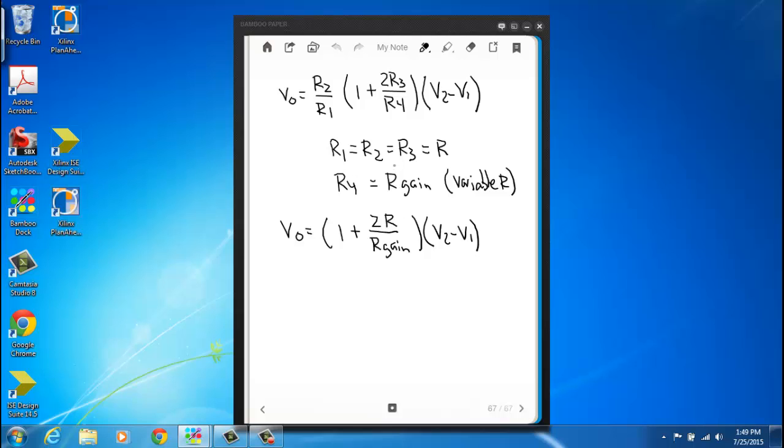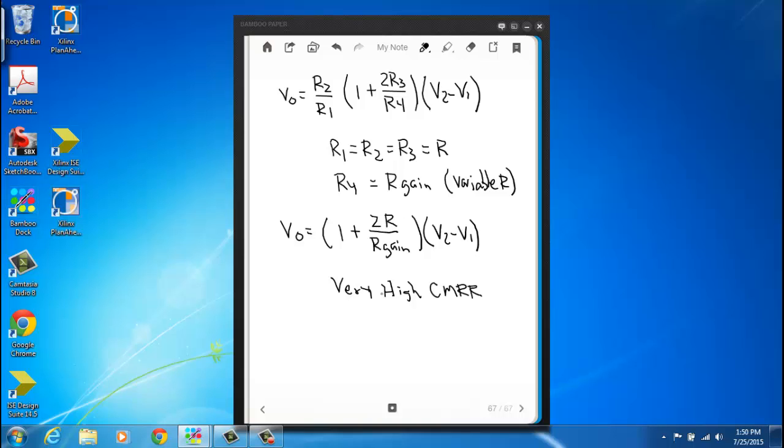Now, the reason instrumentation amplifiers are very common, in fact probably more common than just a difference amplifier, is because instrumentation amplifiers have very high CMRR. So remember, we talked about this last video, that the common mode rejection ratio is a measure of how well your amplifier is amplifying the desired signal compared to amplifying the noise signal, which is undesirable.